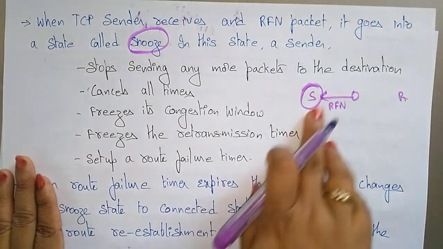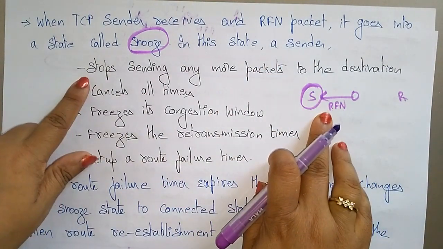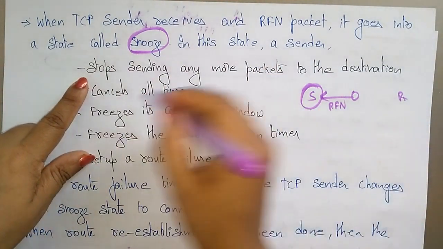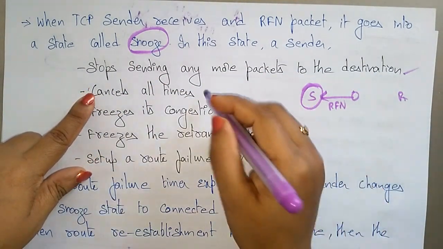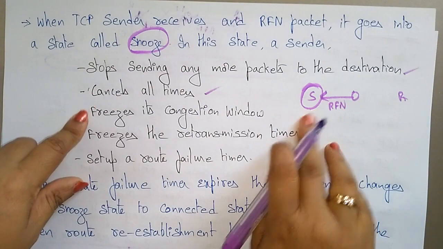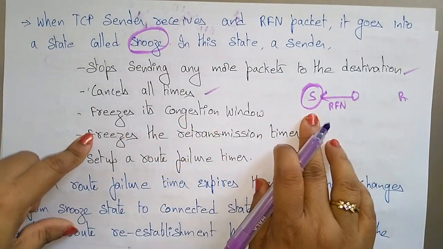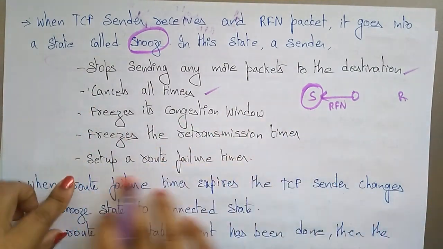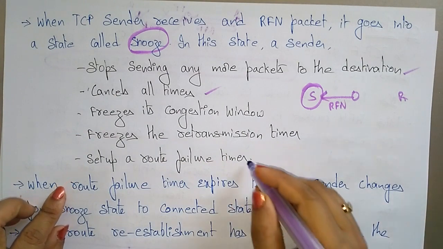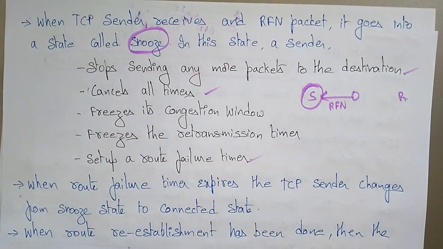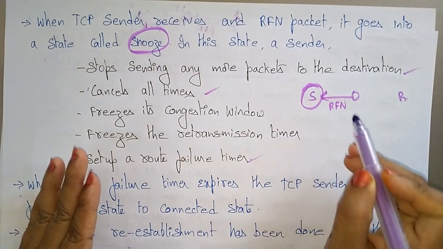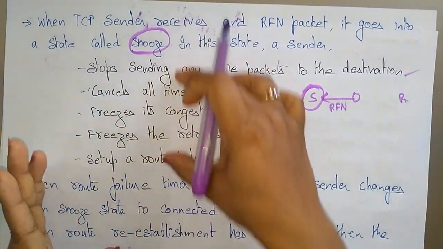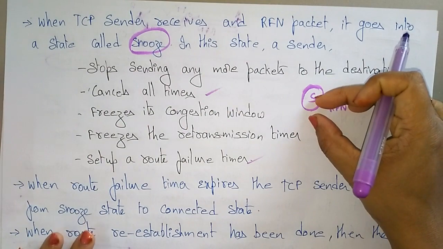In this state, the sender stops sending any more packets to the destination and cancels all timers, freezes its congestion window, freezes the retransmission timer, and sets up a root failure timer. Everything becomes idle. Whenever the sender receives the root failure notification packet, the sender is going to be in snooze.